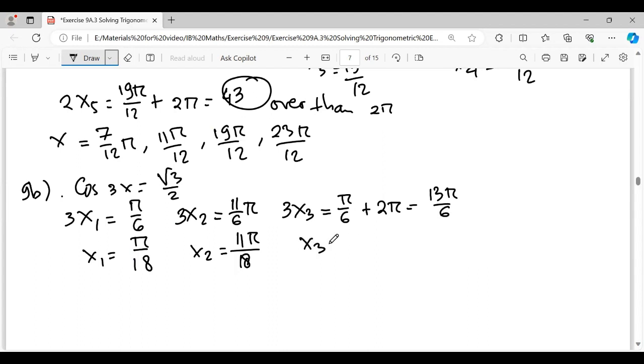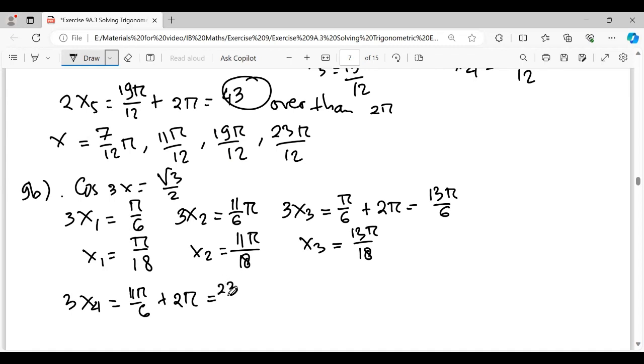So x3 equals 13 over 18. Then x4, 3x4 equals 11 pi over 6 plus 2 pi.